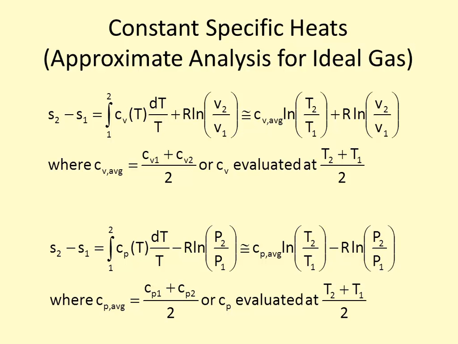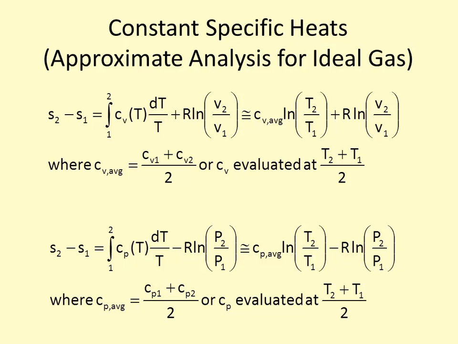Okay. So we have these two equations, and as previously mentioned, you may want to use one versus the other. So in which case would you want to use this equation? If you knew the initial and final volume, and you knew the initial and final temperature.